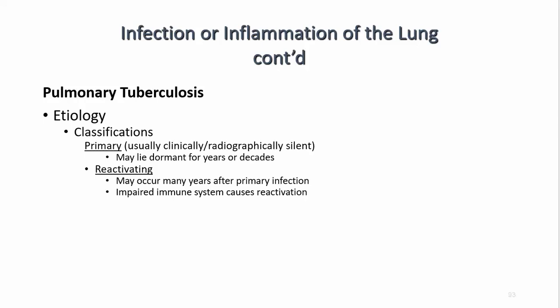You may get the infection, and your immune system takes care of it, walls it off, and no signs, no symptoms, and it can be dormant for a long time. Then it reactivates, usually because of some impairment to the immune system. So people can go just fine for a long time, and then they take a whack to the immune system and it reactivates.